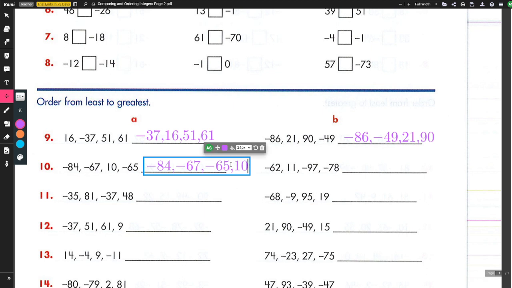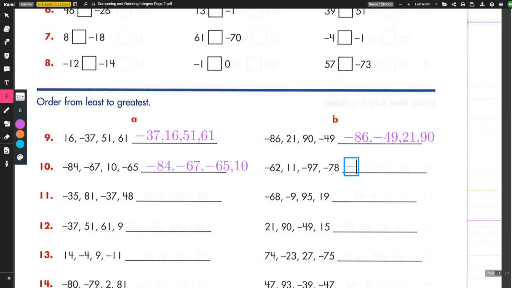So again, you can think of it as the opposites. So usually 65 would be the smallest, then 67, then 84. But since they're negative, they have to go opposite. We have to go the mirror image of it. Okay, let's do one last one.